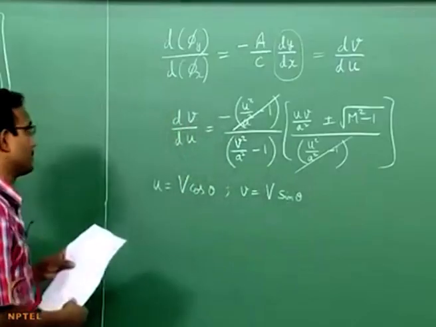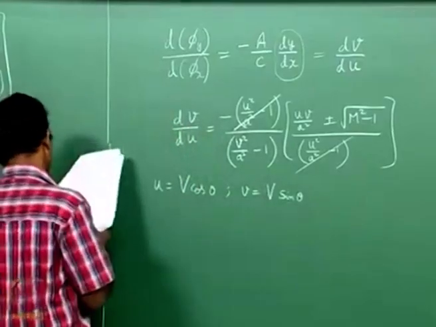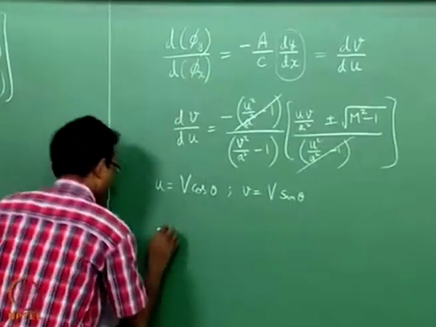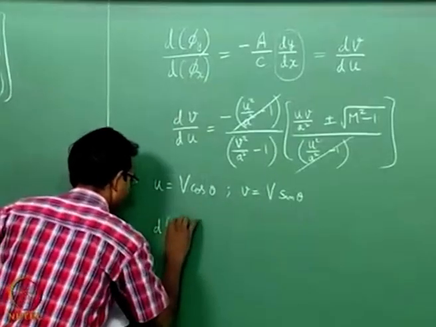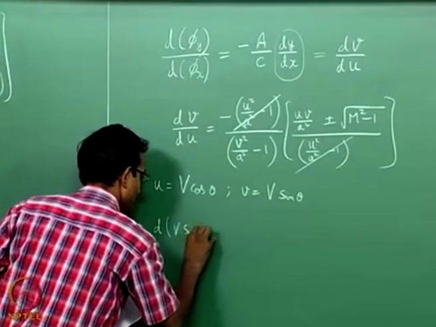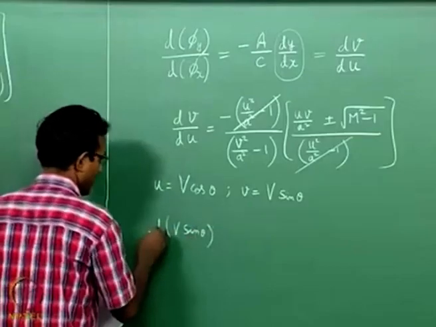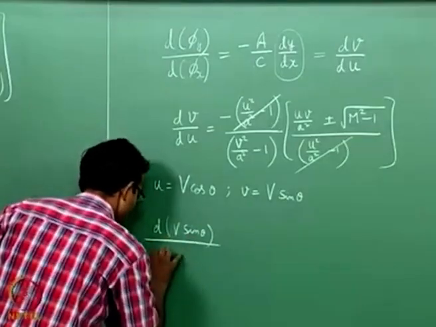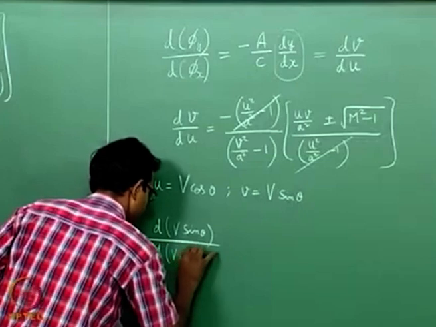I will use this substitution again, and we will go back and write this every v and u there like that, v sin theta, d of v sin theta, it is dv divided by d of v cos theta.